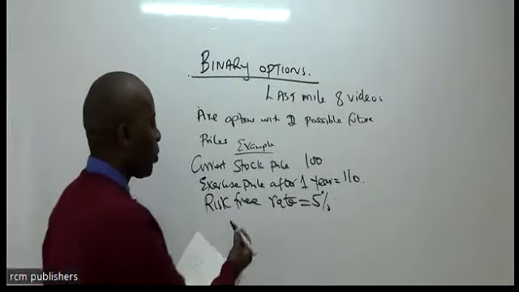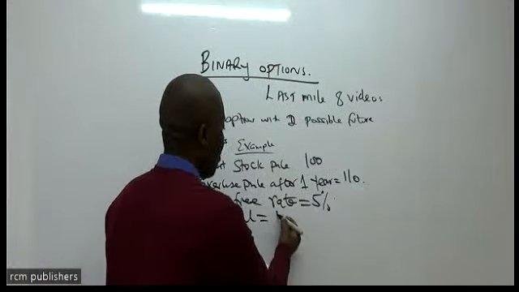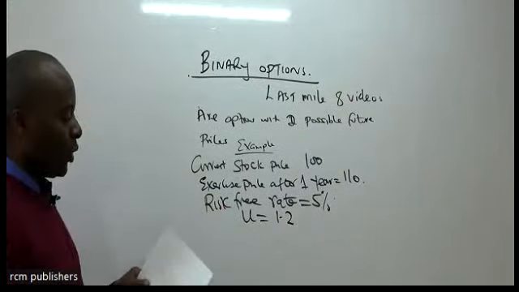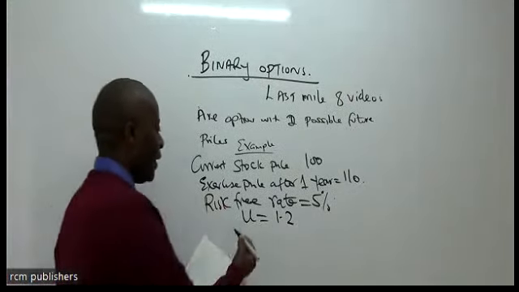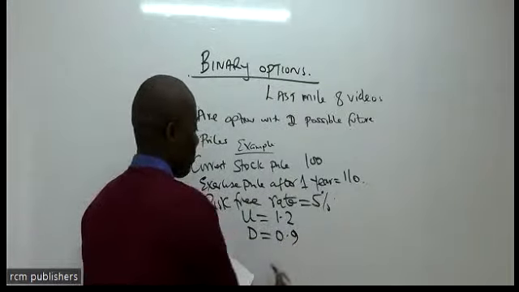And then they have given us what we call the U. The U in this case here is 1.2. And then we have the D. The D is 0.9.